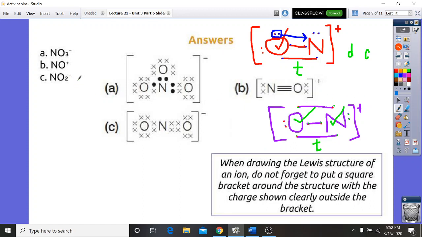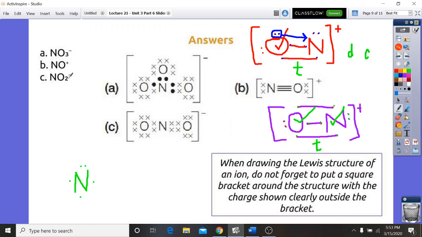All right, last one, NO2 minus. And in the middle, lower electronegativity. And now let's put the O's on the outside.